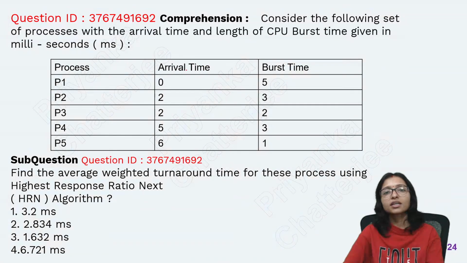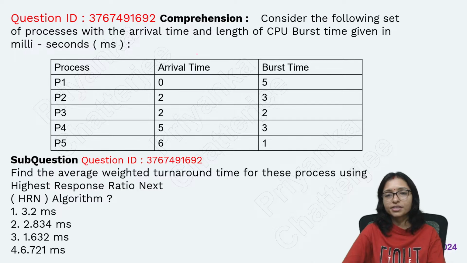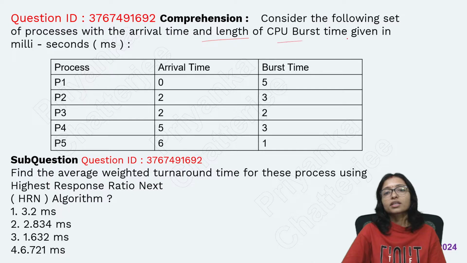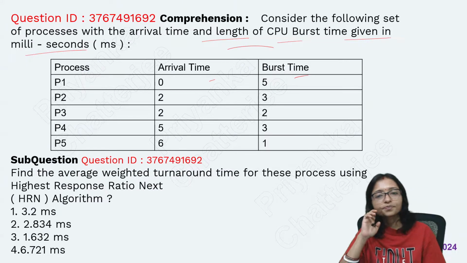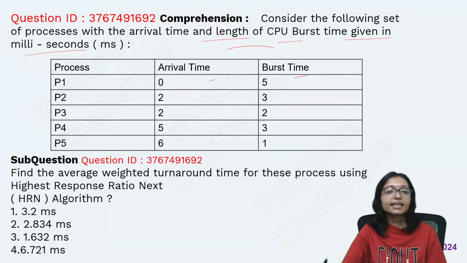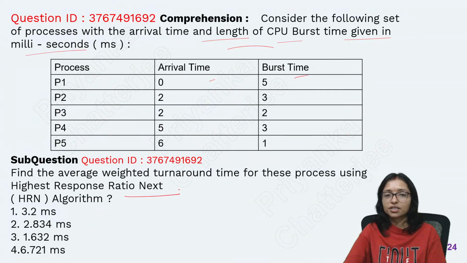Next question is this. Here again it is a comprehension type question of December 2024. Again they ask about CPU burst time, in milliseconds. Whenever you are working with milliseconds, arrival time and burst time are given. It is in Highest Response Ratio Next.